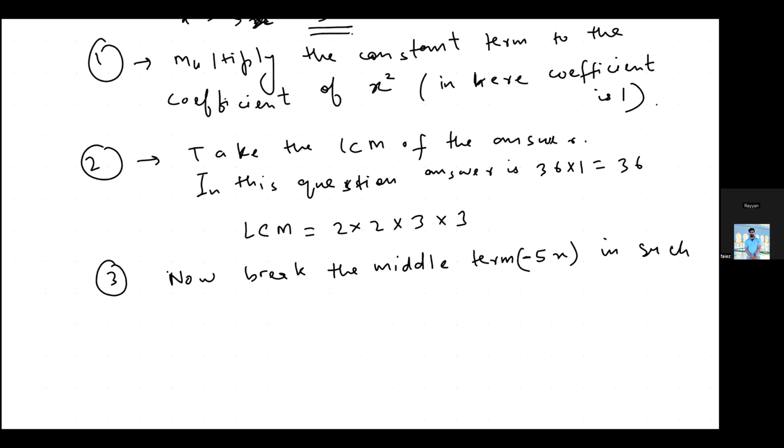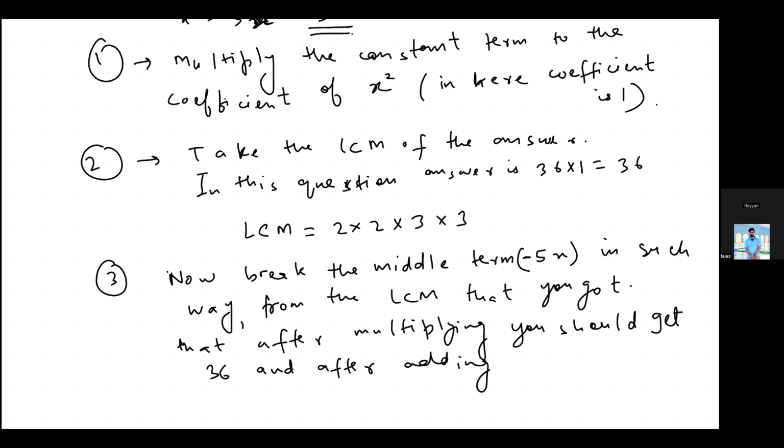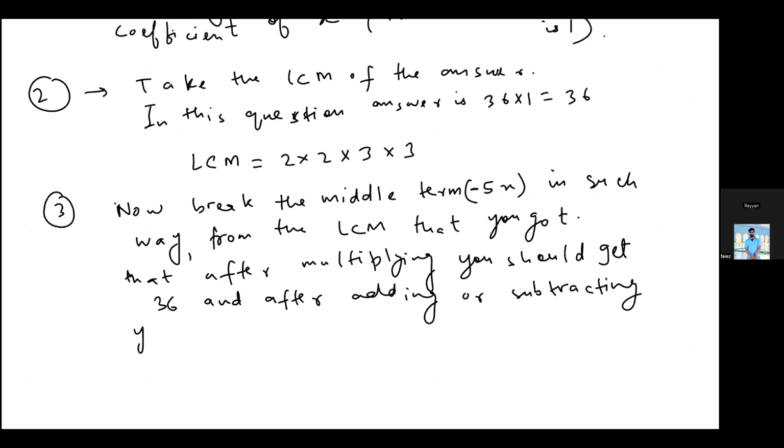in such a way from the LCM that you got, that after multiplying you should get 36, which is the product, and after adding or subtracting, you should get minus 5x.